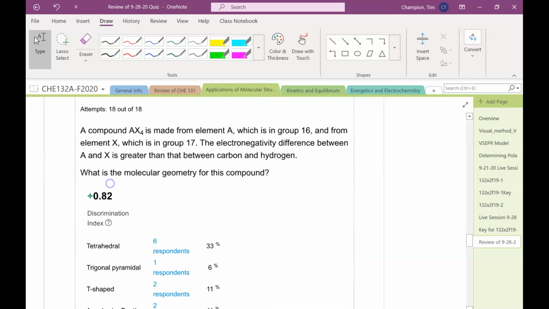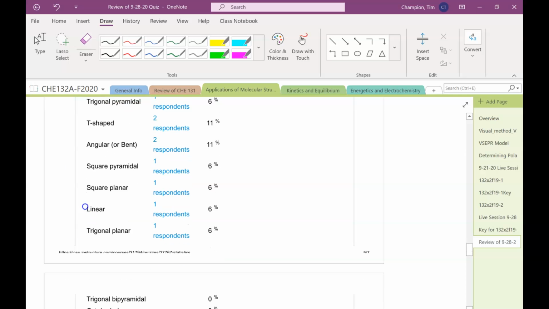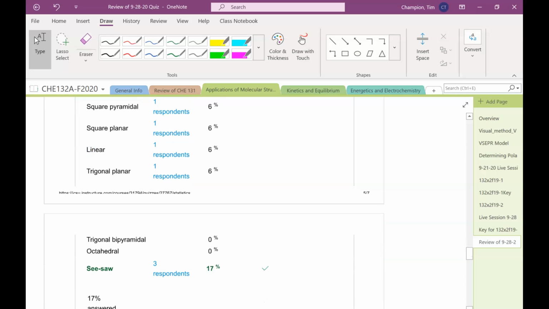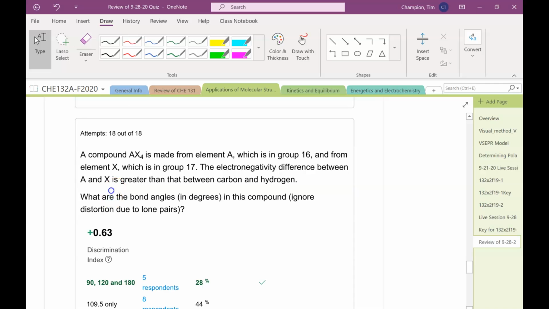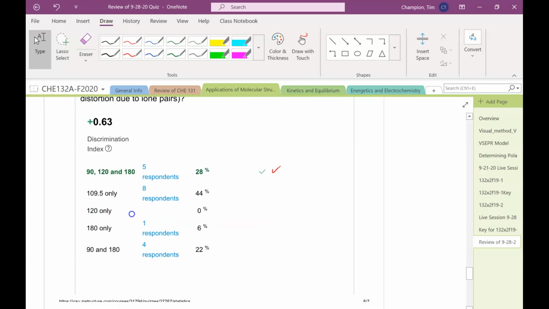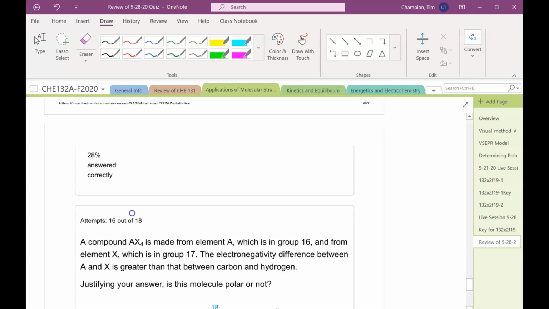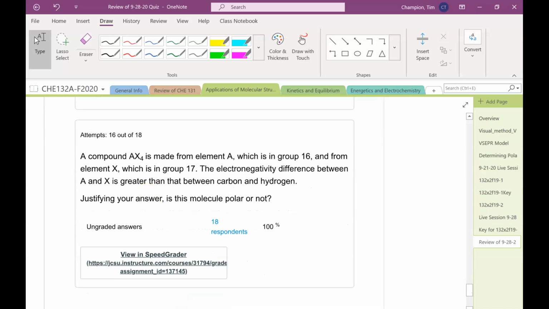Then molecular geometry is seesaw, and of course you had a whole bunch of options here, and only 17% got that one right. And then we're asked about the bond angles, and 28% of you got that right. So that's good. Maybe some of you thought it was trigonal bipyramidal still if you got that, and didn't get the other ones before. And now we have to answer the question, is this polar or not?